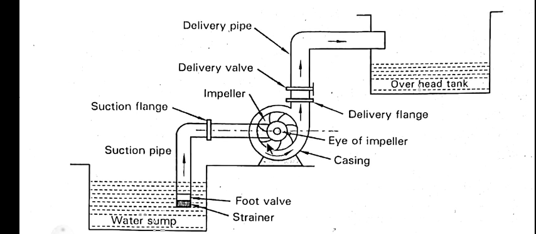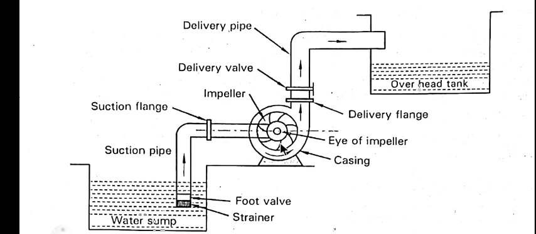As it starts rotating, it is going to create a suction in the suction pipe. Due to the suction created, the water from the sump or the reservoir starts flowing into the casing through the eye of the impeller.